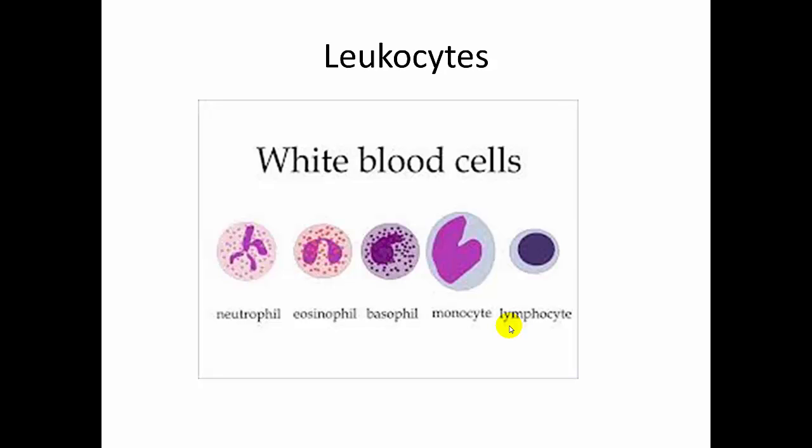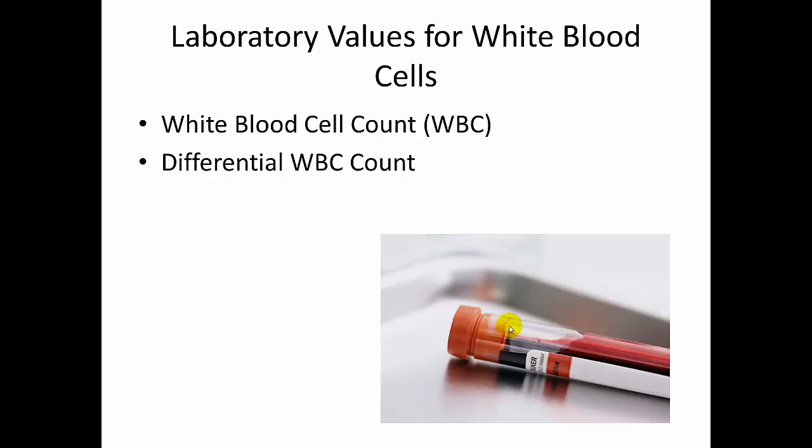And so in that sense, we always have to keep it in the back of our mind, even though it's not really the focus of this unit. Lab values for white blood cells would be our white blood cell count. Again, I don't want you to spend a lot of time on white blood cells.